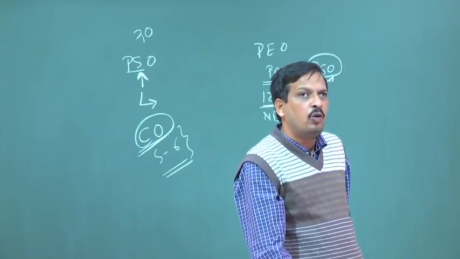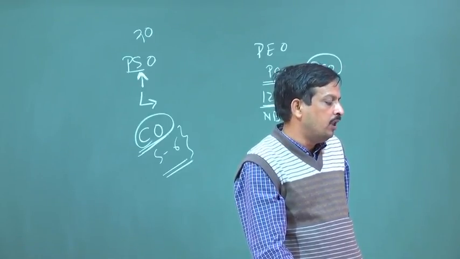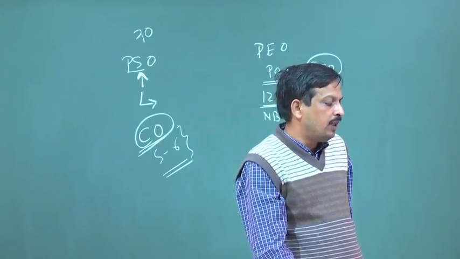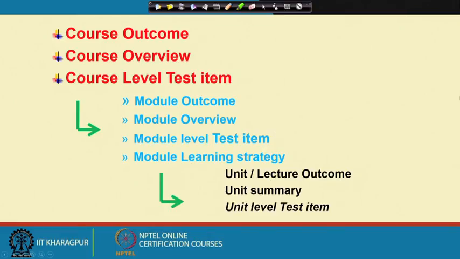Then a course consists of several modules, with module outcome, module overview, module level test item and module learning strategy, and every module is divided into unit outcome, unit summary and unit level test item.